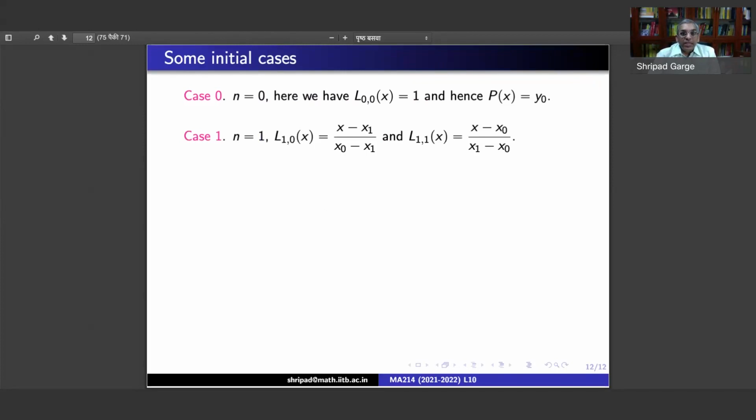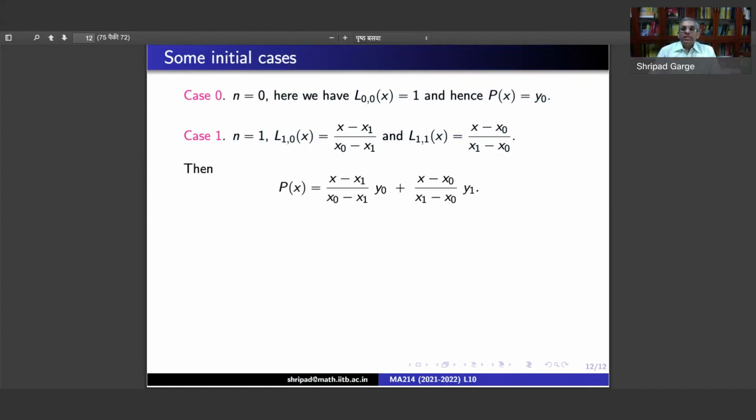L1 naught has value 0 on x1 because the numerator vanishes on x1, and the value of L1 naught on x0 is 1 because the numerator and denominator have the same values. L1 1 on x1 gives the value 1, and on x0 gives the value 0. And then the interpolating polynomial is simply the interpolating polynomial that we had found earlier.